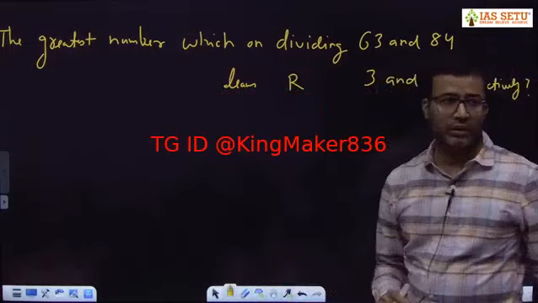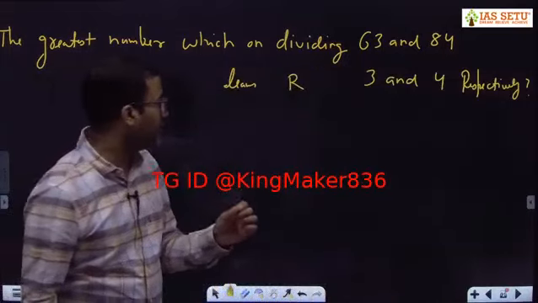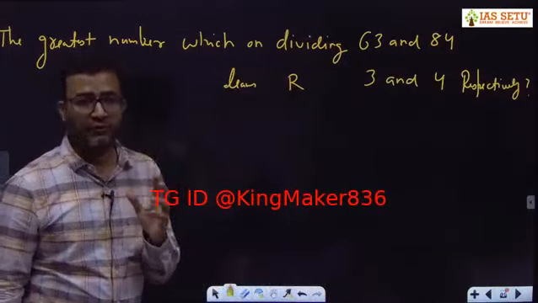Okay, so here question is greatest number which on dividing 63 and 84 leaves a remainder 3 and 4 respectively.